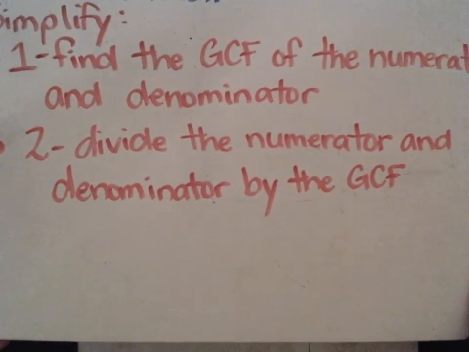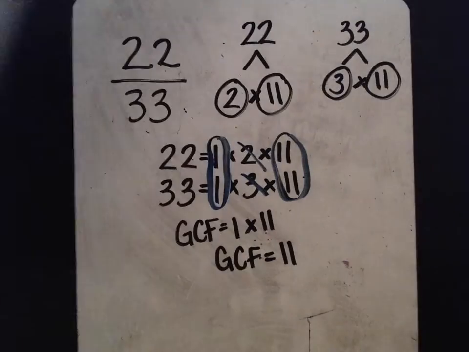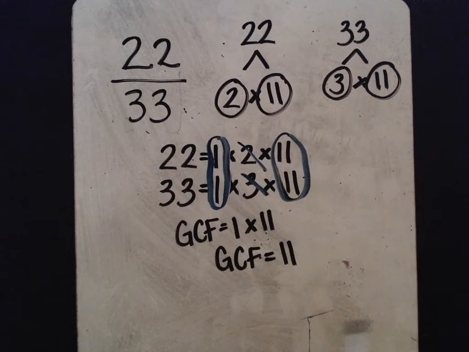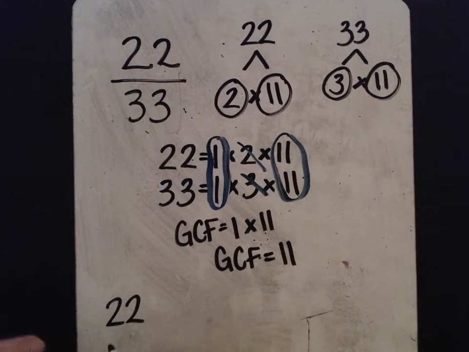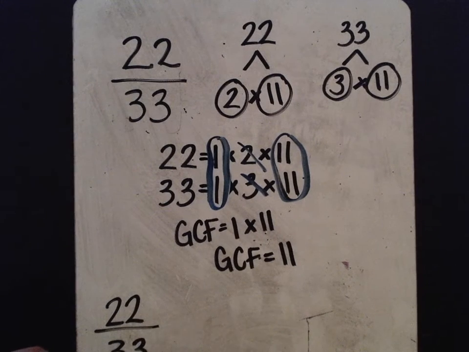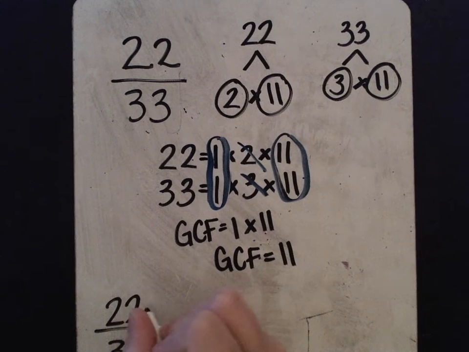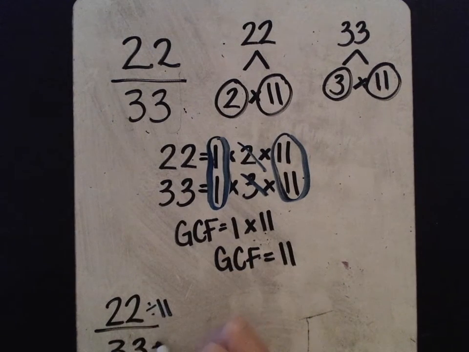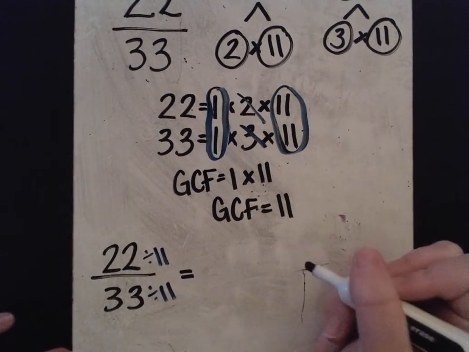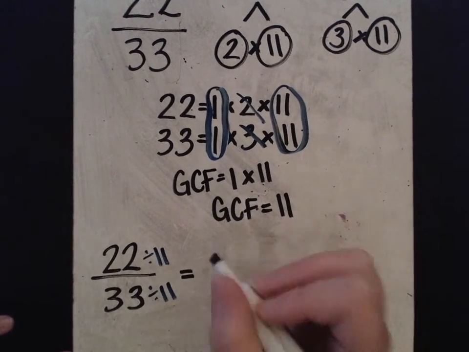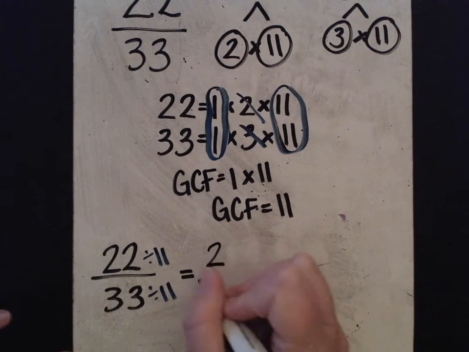Now step 2 says I divide the numerator and denominator by the GCF. So now I take 22 over 33, and I divide 22 by 11, and then I divide 33 by 11. 22 divided by 11 equals 2.